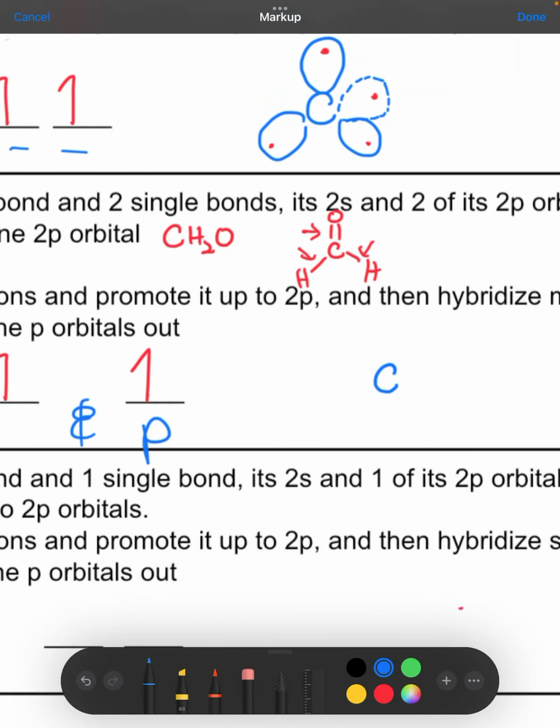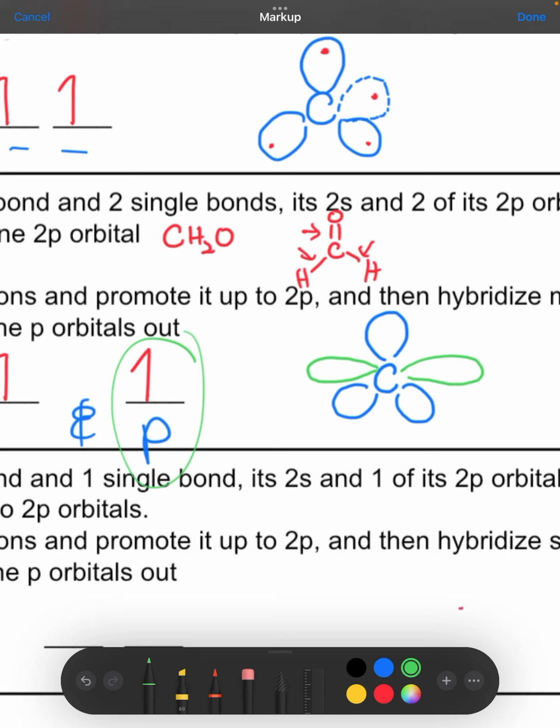Okay? So if I were to draw that out visually so you can see it, I'm once again going to put my carbon in the middle, and I'm going to put my 3 hybridized ones, but this time I have this p left out and it is unhybridized. Okay, so I'm going to draw that this way, and I'm going to attempt to draw it well enough to represent that difference in shape.